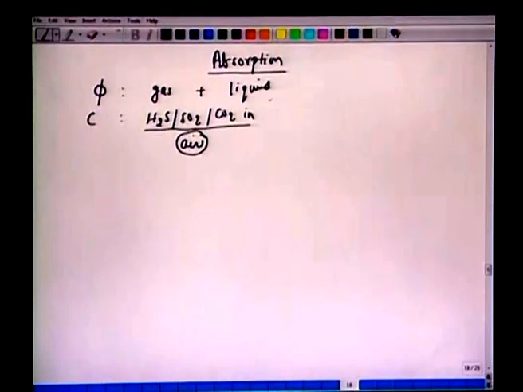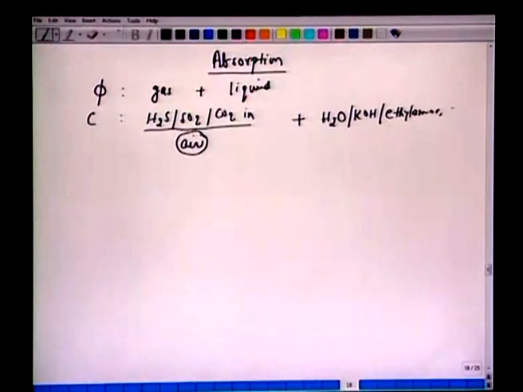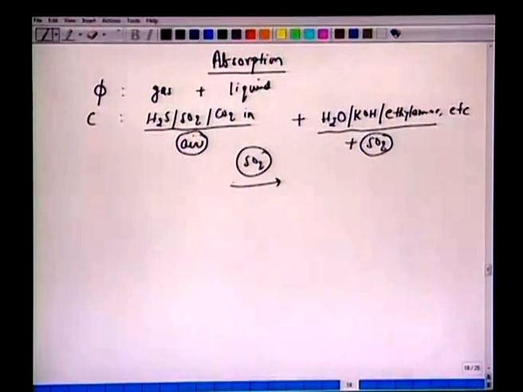It is brought in contact with the liquid. So, we have some solvent, H2O, or say KOH, or say some ethylamine, etc. And this sulfur dioxide is the component which diffuses from the air or gas phase to the liquid phase. So, this is absorption.